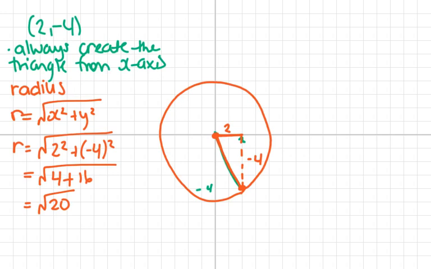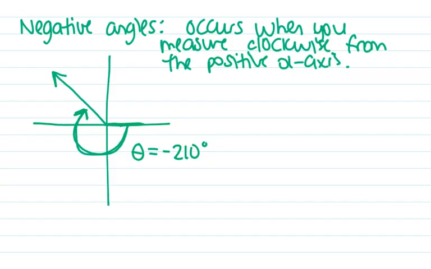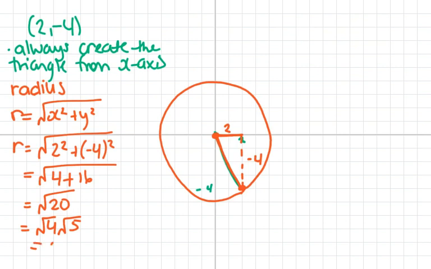Whenever we had a radical that wasn't a perfect square, we tried to simplify it by breaking it down into something that had a perfect square. So root 20 can be broken down into root 4 times root 5. Root 4 is the same as 2 times root 5. So this radius here is 2 root 5.